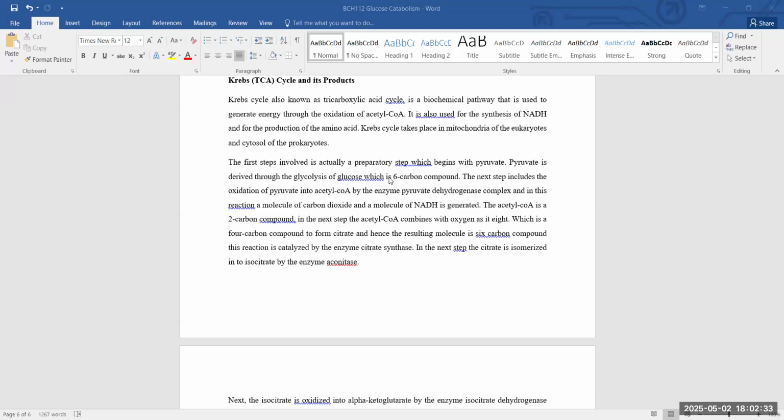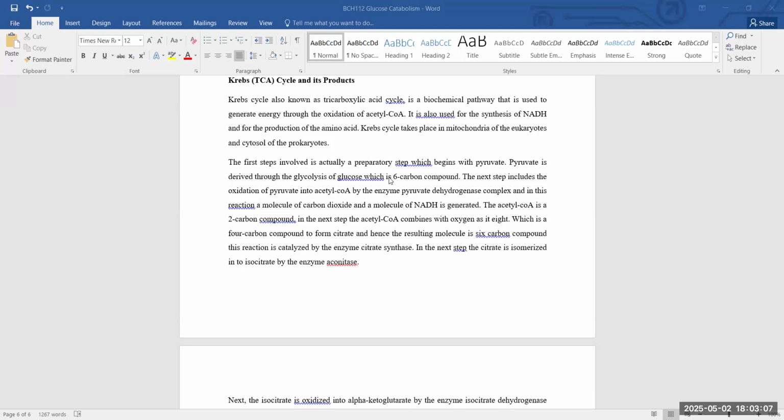If it is not quickly converted to acetyl-CoA, then the TCA cycle cannot be initiated. So it must be converted to acetyl coenzyme A because acetyl-CoA is the starting material for the TCA cycle.